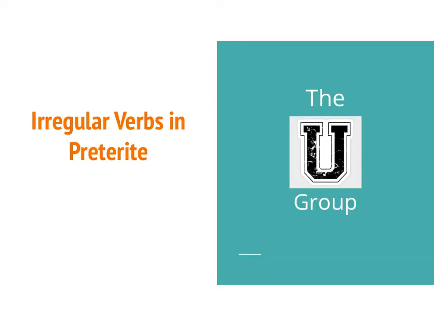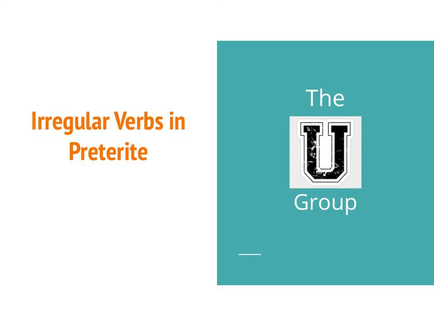Of course, in the preterite, we have regular verbs and irregular verbs. You already know that regular verbs have specific endings that all of them follow. So there is a clear pattern. Regular verbs are hablar, caminar, and so on. But then irregular verbs are a little bit more difficult to remember because there is no clear pattern.